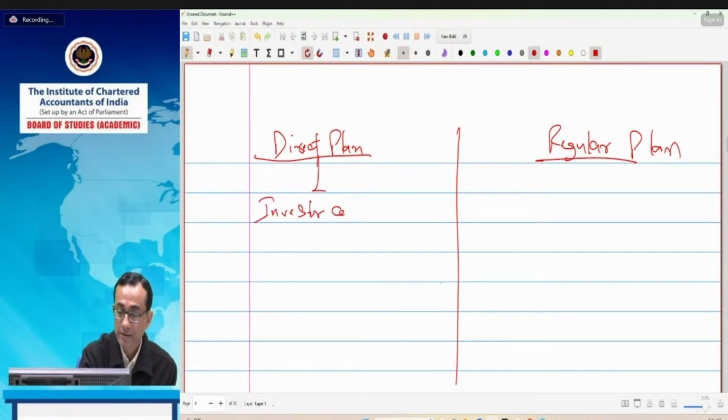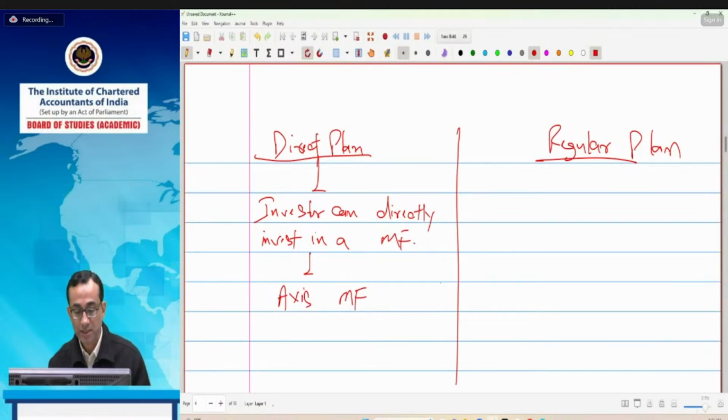Say, pick Axis Mutual Fund. If an investor wants to invest in Axis Mutual Fund, he or she can go directly to the website of the Axis Mutual Fund and invest there.